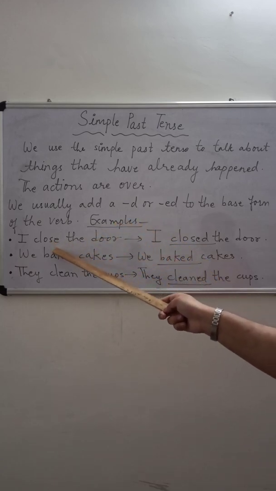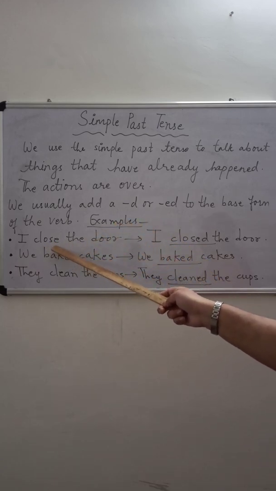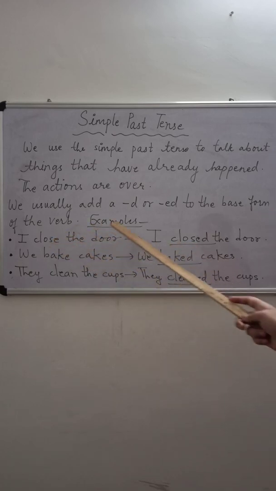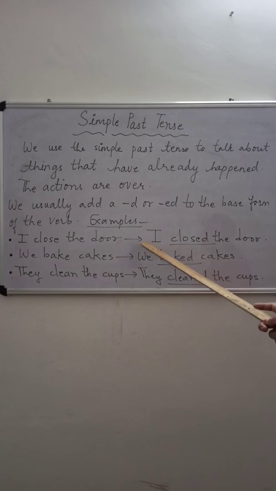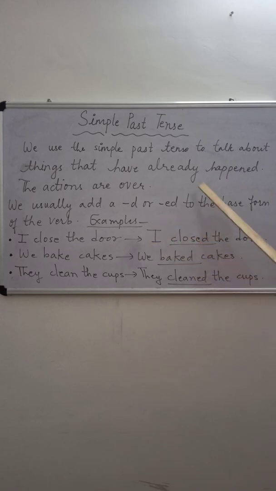So what is the verb in this sentence? Close. So to write close in past tense, we will write close as closed. So the sentence in the simple past tense becomes I closed the door. So this sentence states that the action is over. The action has already taken place.